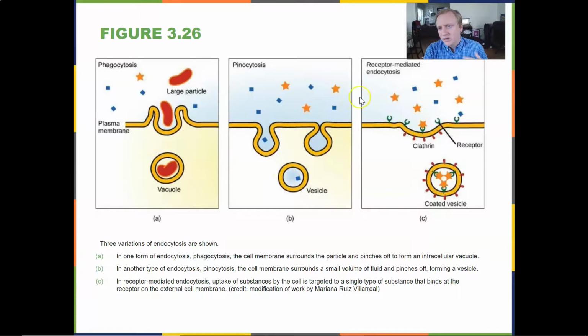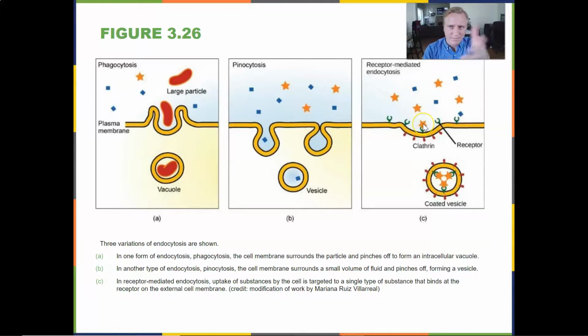We also have receptor-mediated endocytosis, and in this type, don't worry about this term clathrin right here. That's not important right now anyway. But we have these receptors, these things on the outside of the cell that are looking for stuff.